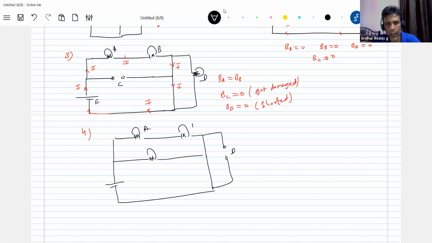This is the B, C, and whatever the flow of current, the current again will branch out, I1 and I2. So the brightness of bulb C will be greater than that of A and B.